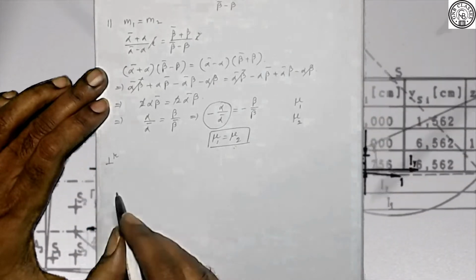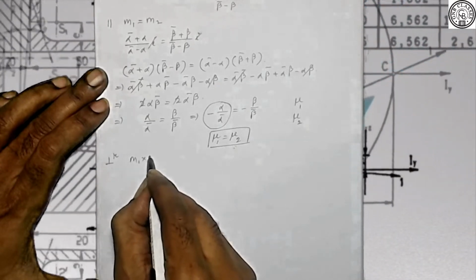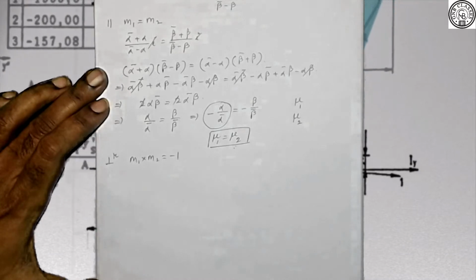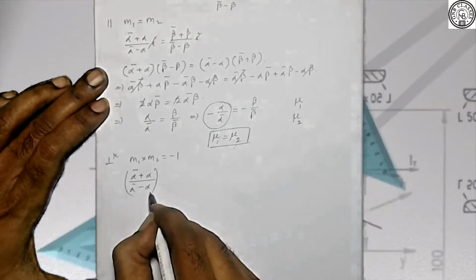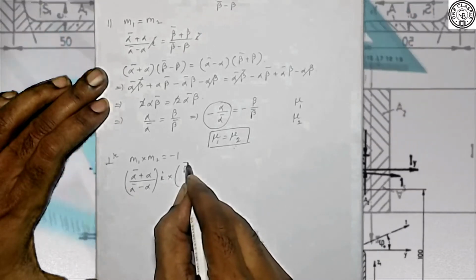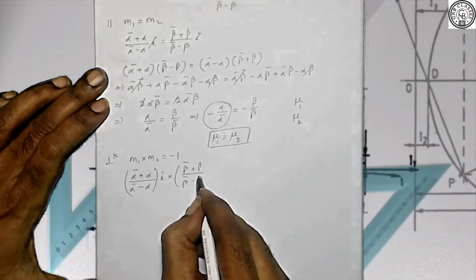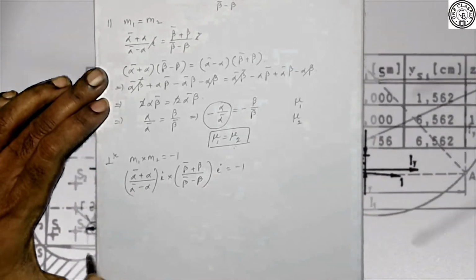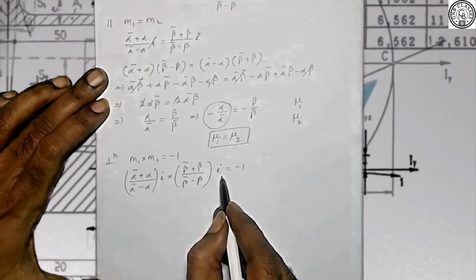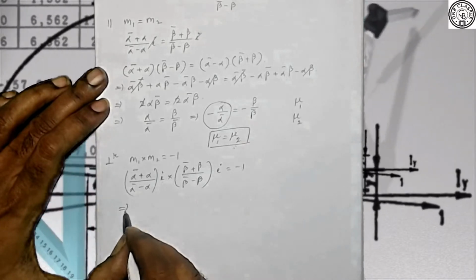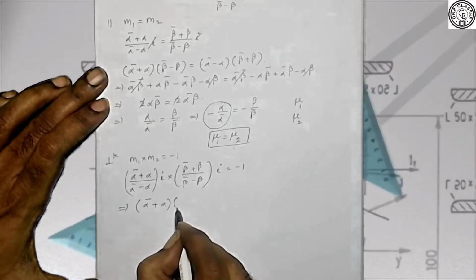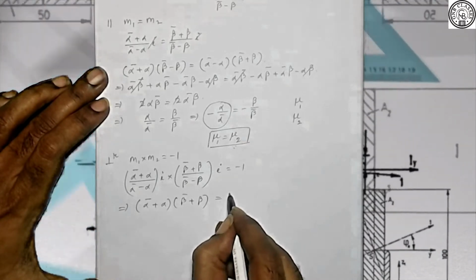Okay, now let us say that these 2 lines are perpendicular to each other. Perpendicular to each other means what? M1 into M2 will be equals to minus 1. That is, into, that is minus 1. Iota into iota is iota square. So that gives us minus 1. Minus 1 minus 1 goes off. So we are left with, equals to.